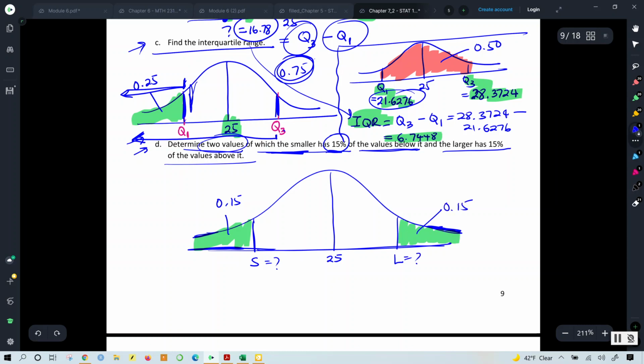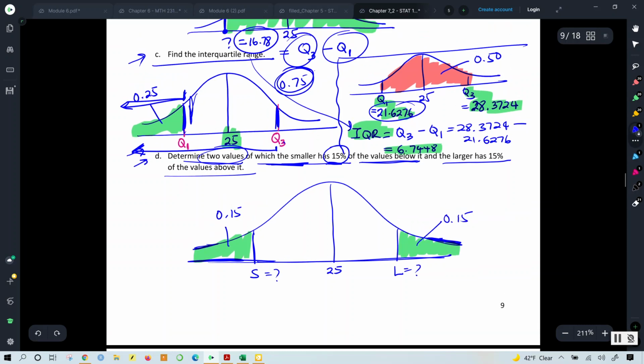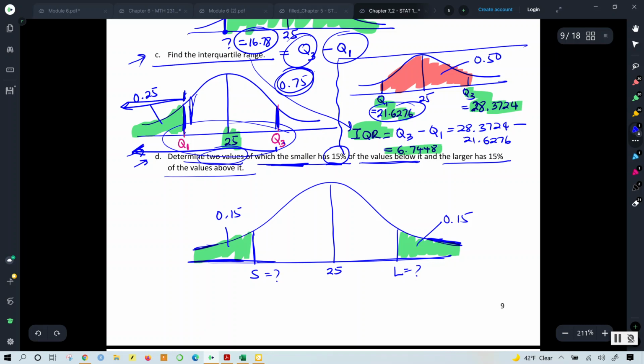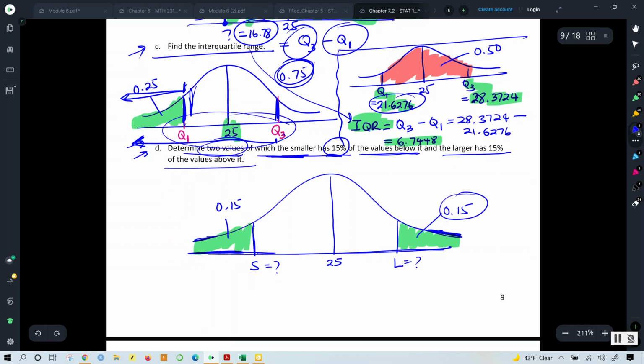So to find this is similar to what we did here. If 0.15, 15% are below and above, then what proportion do we have between them? So that'll be 100% minus 15% minus 15%.